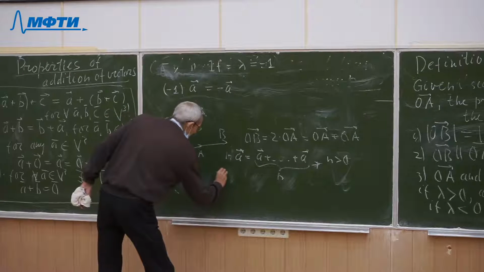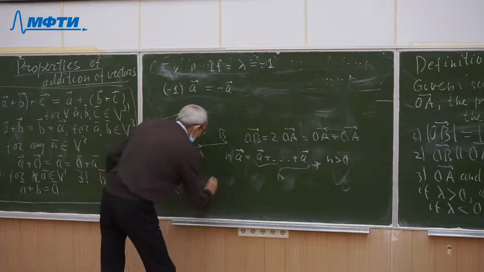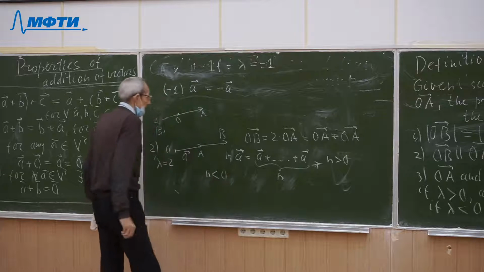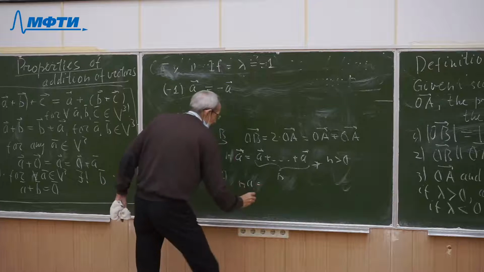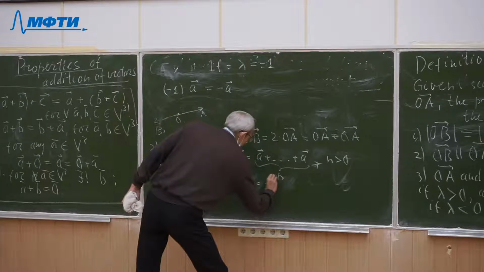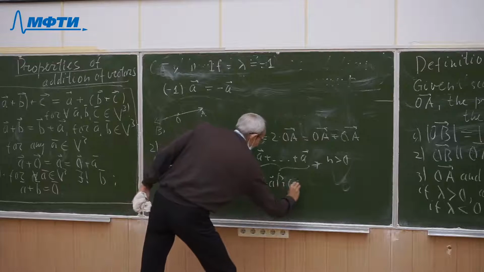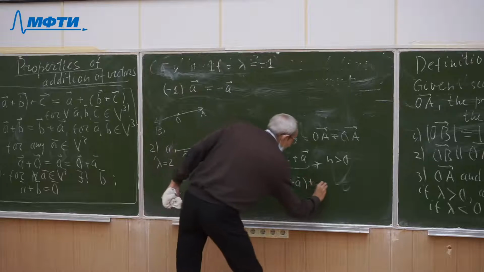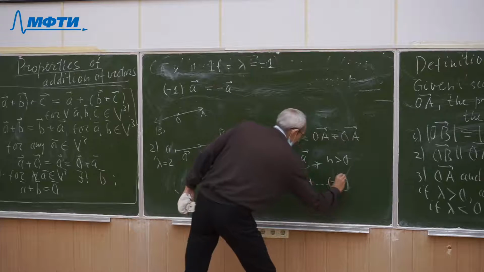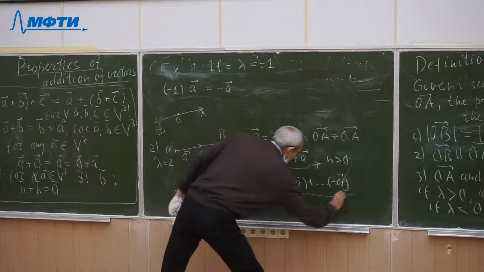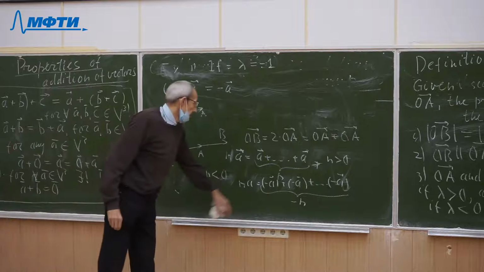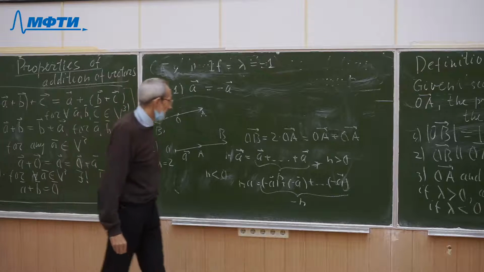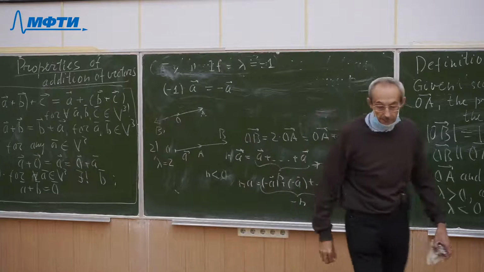If n is less than 0, then n times A is equal to the sum of minus n summands, each of which is equal to minus A.